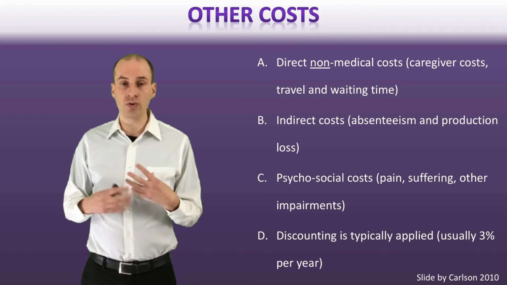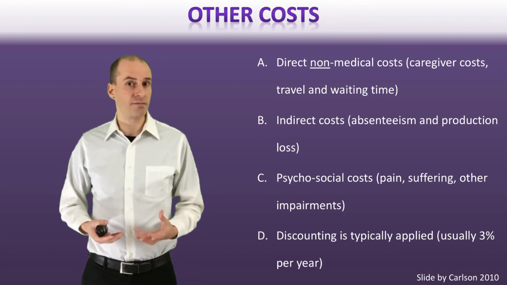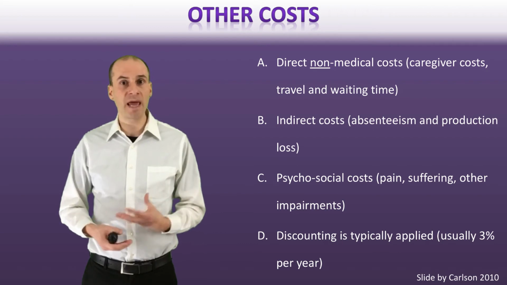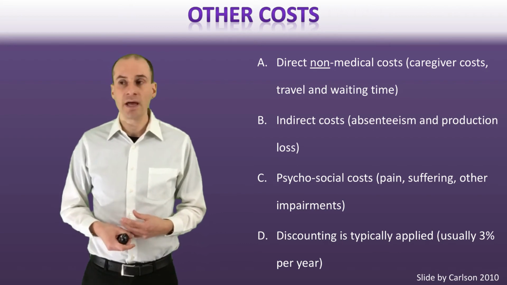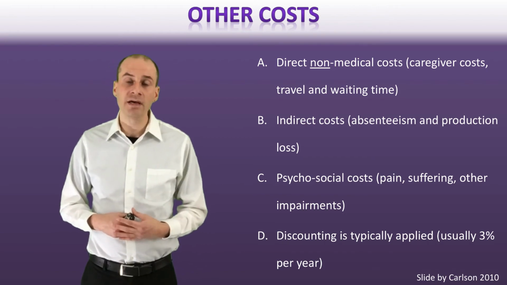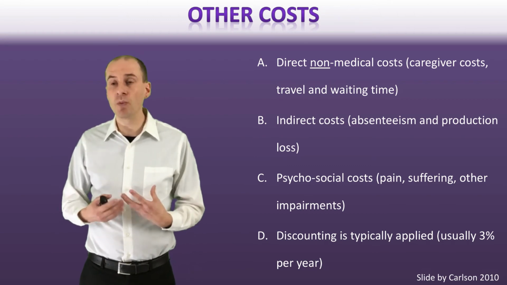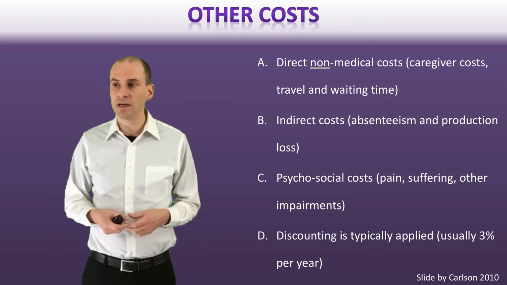People who spend their time and their energy taking care of their family members can't be working in paid positions, right? And that's something that we as a society really undervalue typically. So in measuring the economic value of things, we really would want to consider caregiver costs.